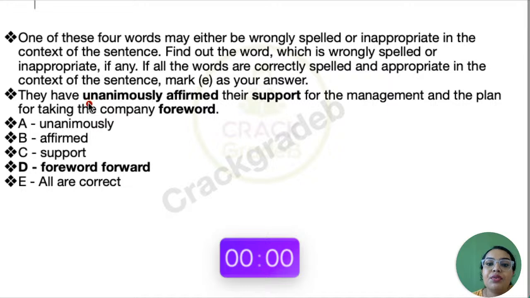They have unanimously, in one voice, affirmed AFF. You have to check whenever you get to see any double letter. Their support for the management and the plan for taking the company forward. Forward is the first page or the scenario of a book or of a drama where you get to know a little bit about what is going to happen next. Of course, forward I use new.